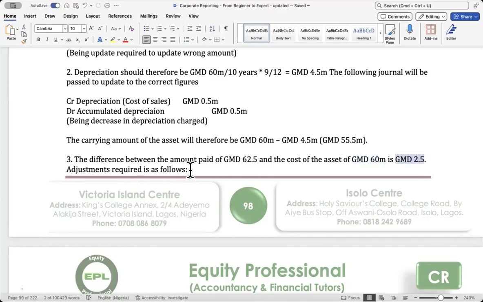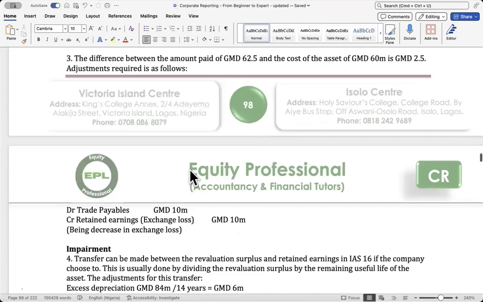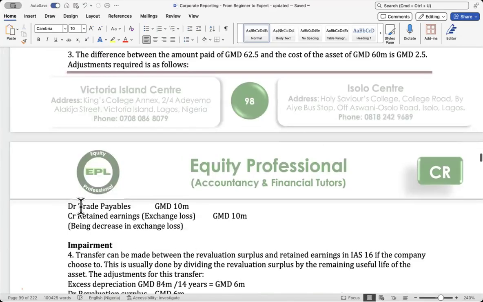So adjustment required is as follows. What I did is that I debited my trade payables with 10, and I credited my exchange loss. Since I don't have my P&L items here, I just use retained earnings, but I know it goes to P&L, with 10. So why did I do this?